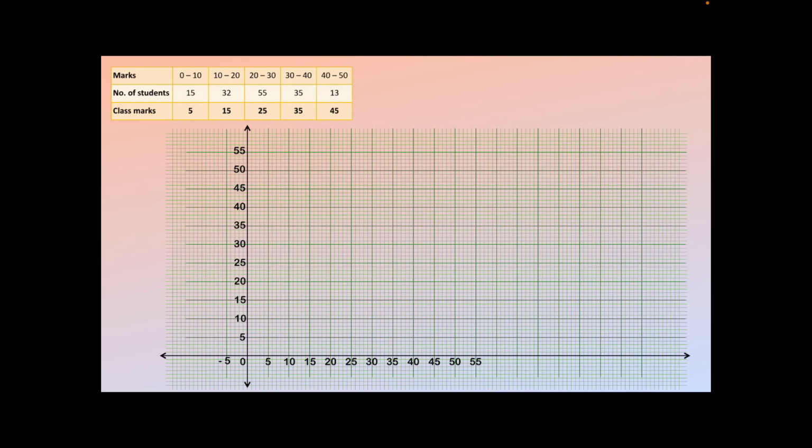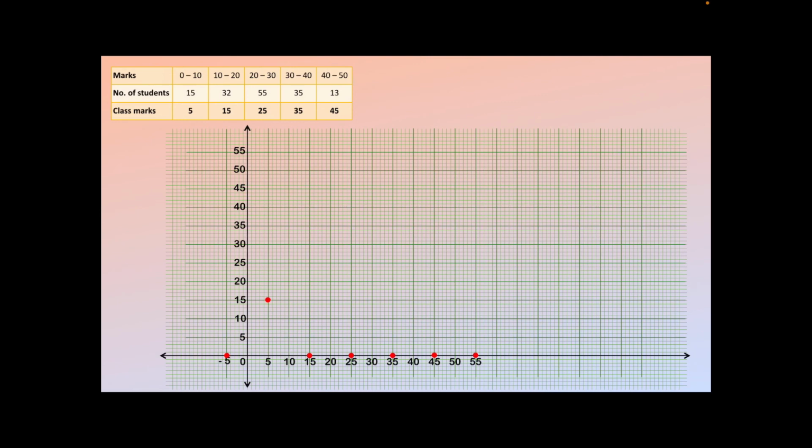Now, for all the class marks, along with the class marks of the imaginary class intervals, we have to plot the corresponding frequency against each class mark. So for the first class mark, that is 5, the frequency, the number of students, is 15. So we plot the first point as (5, 15).